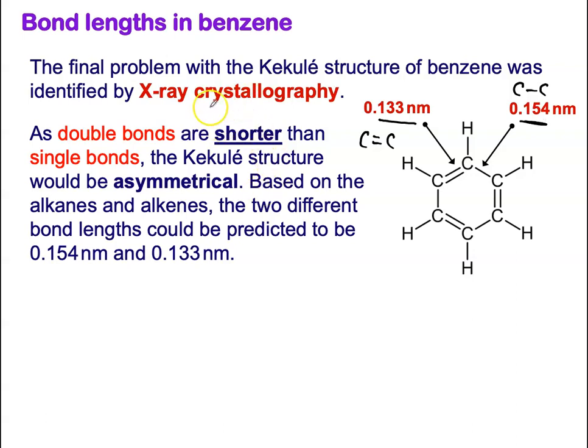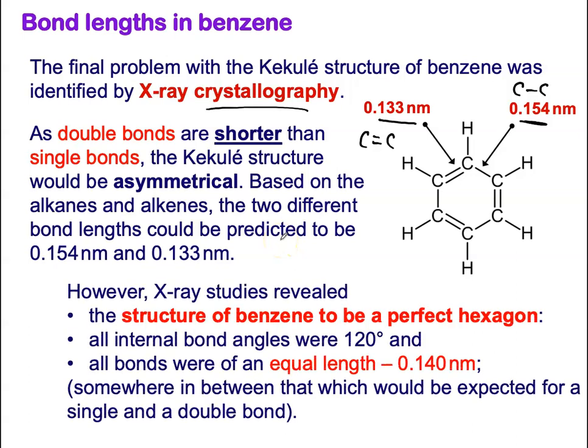With X-ray crystallography, it was discovered that benzene has a cyclic structure where all the carbon to carbon bonds are equal, with a bond length of 0.140 nanometers. So benzene is perfectly hexagonal, with bond angles of 120.